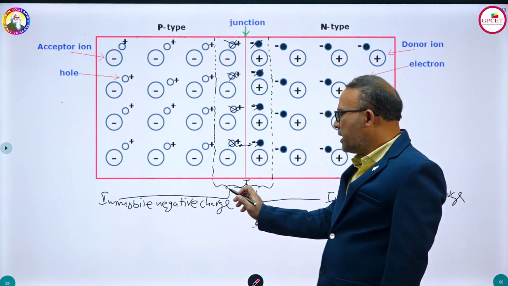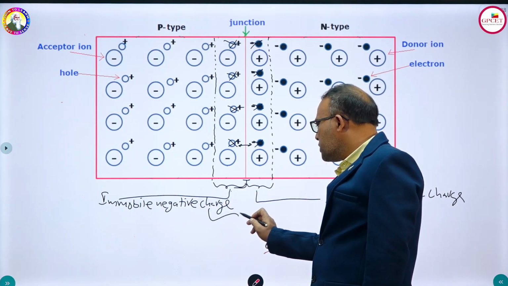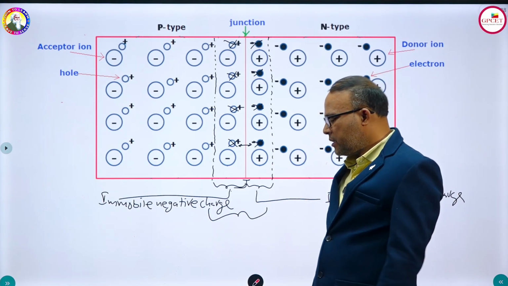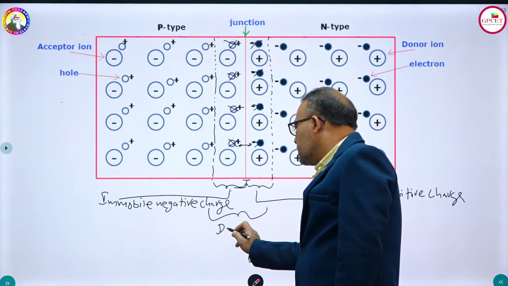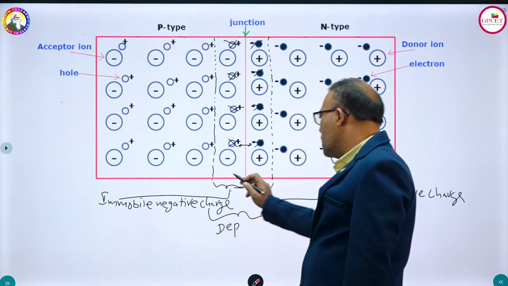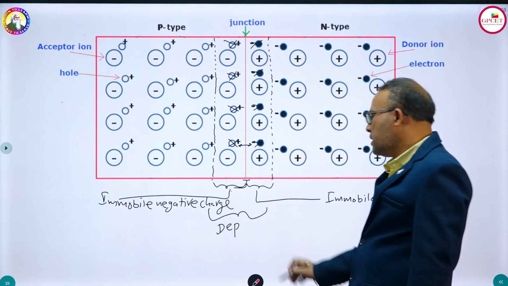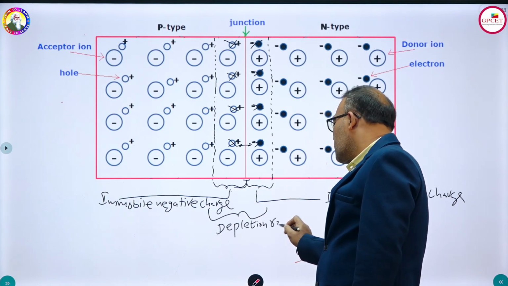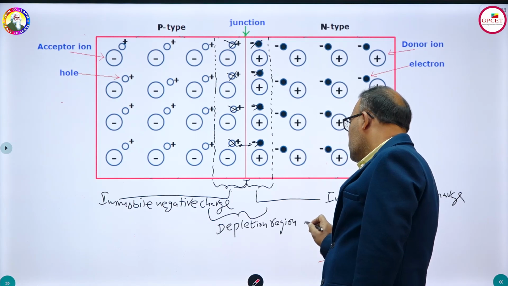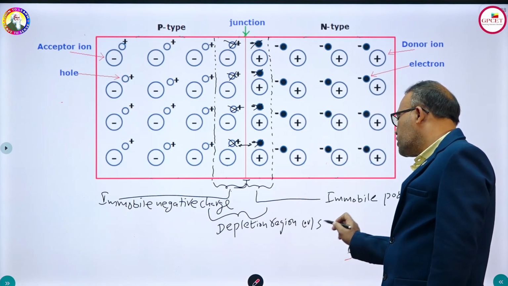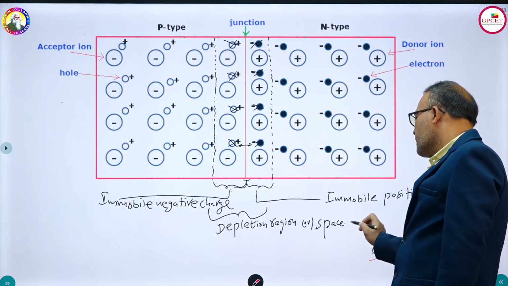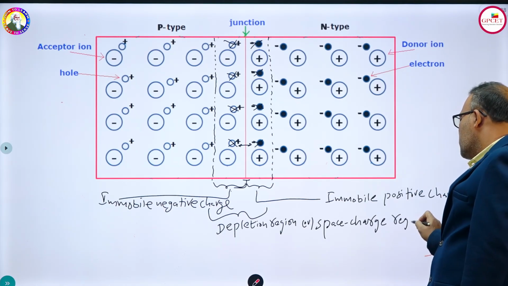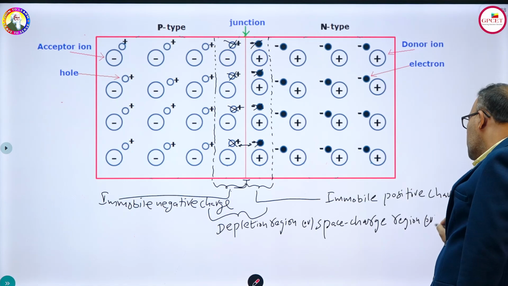The region where immobile charge is present, positive and negative charge, is called the depletion region.